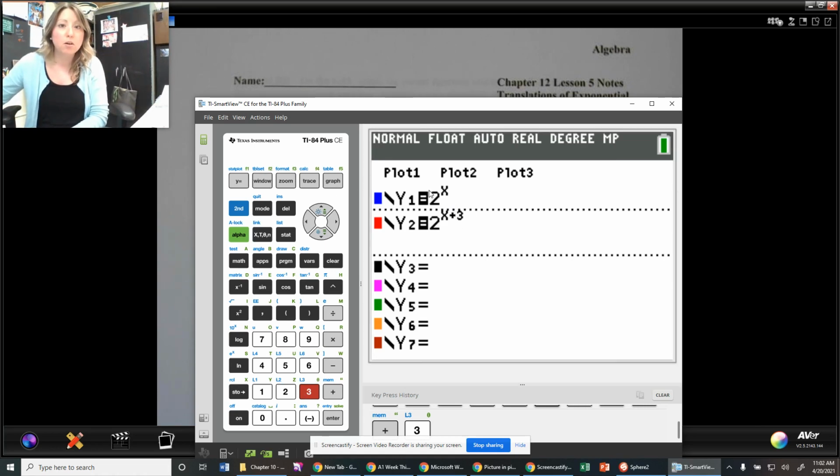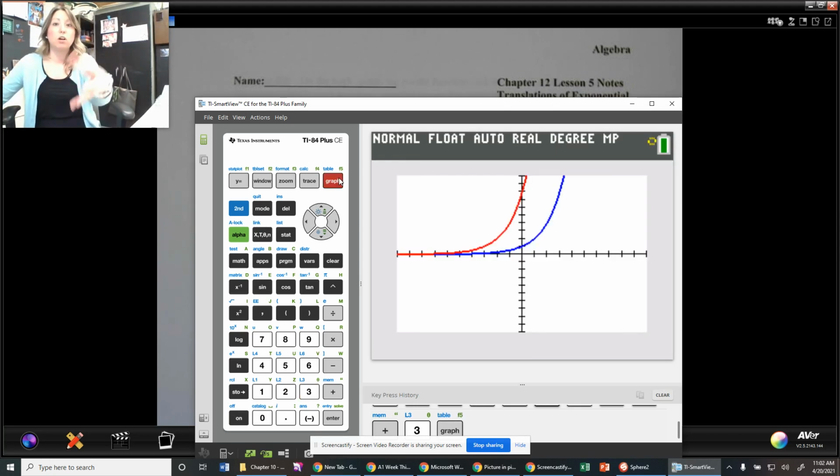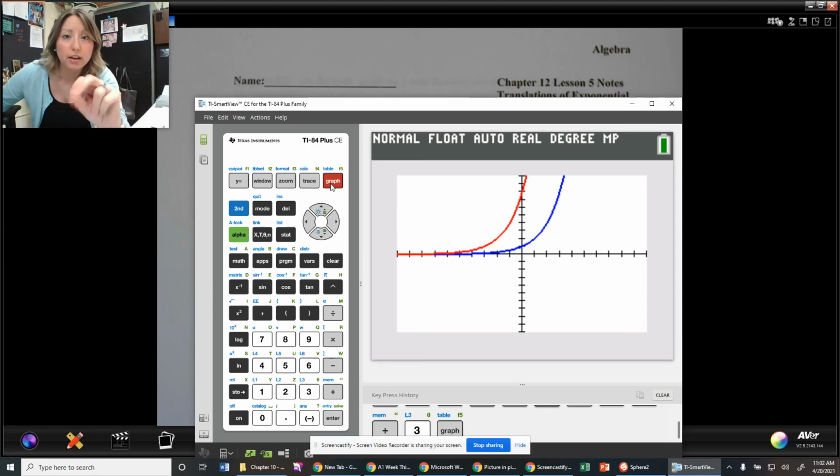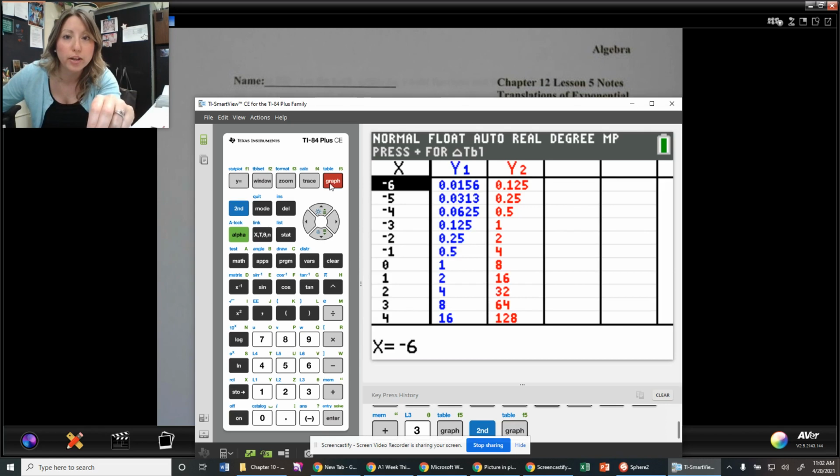Remember, my parent function, my blue, is my initial graph. What am I doing to that graph? Look at that. By adding 3 in the exponent, my graph has gone left 3 places. And you can tell that from the table of points.